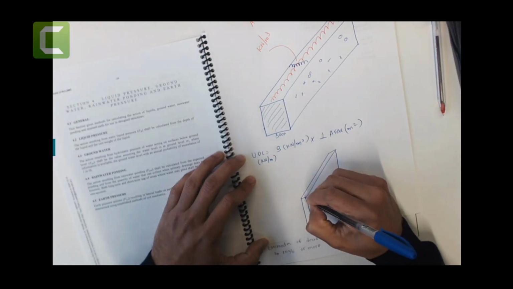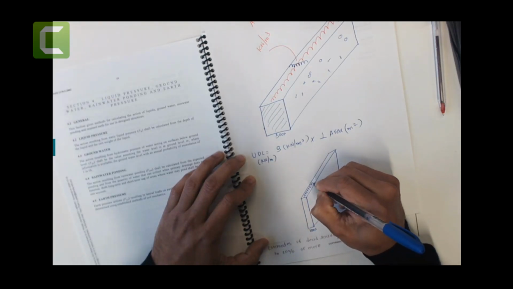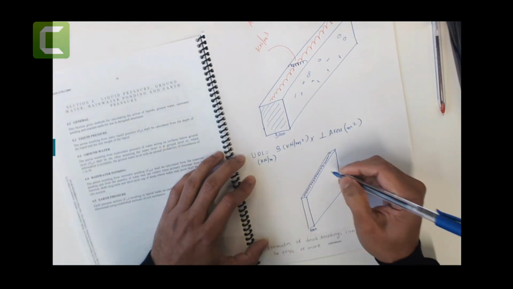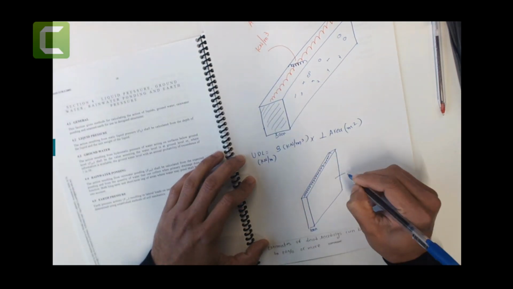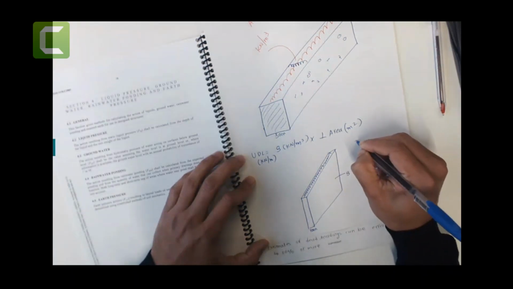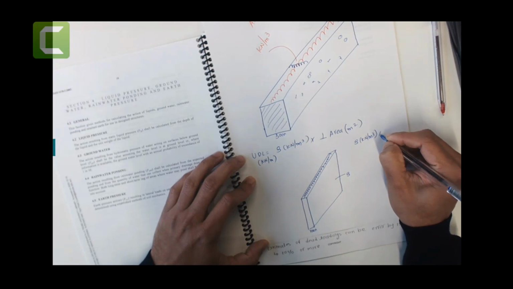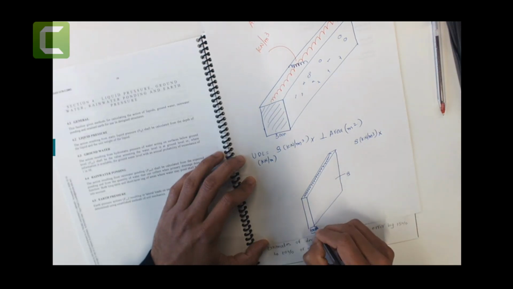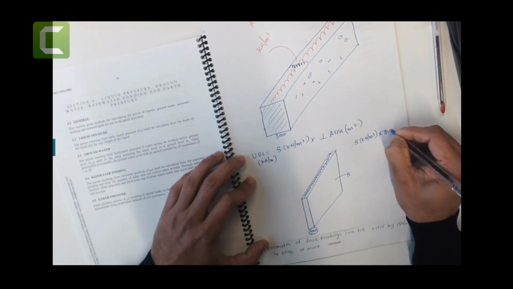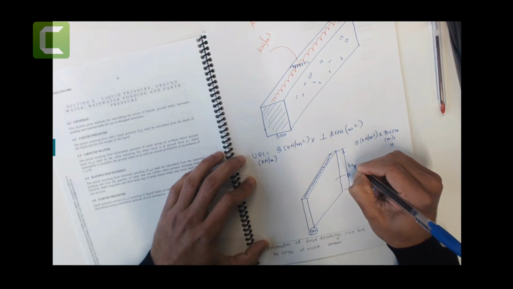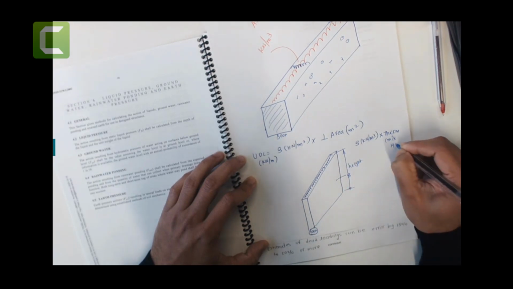In that case, if I want to calculate the UDL load applied by this wall, it is just the density in kilonewton per meter cubed, which you can find for the brick wall, times the thickness in meters, times the height of the wall in meters. So that is just an exceptional case for the wall.